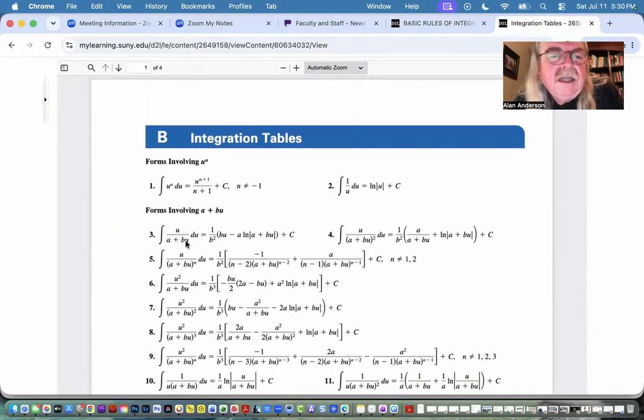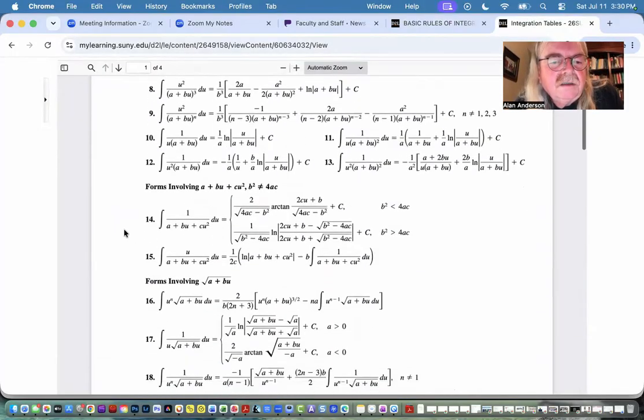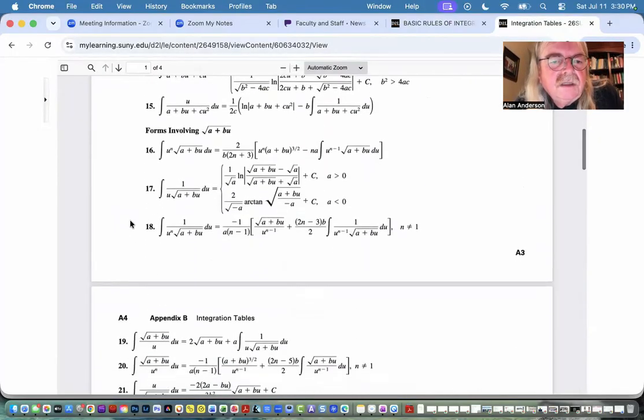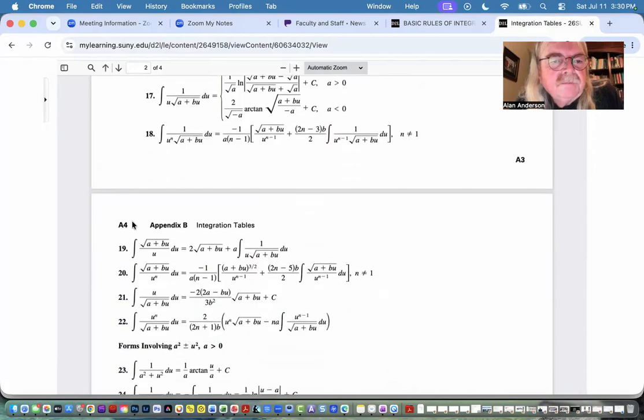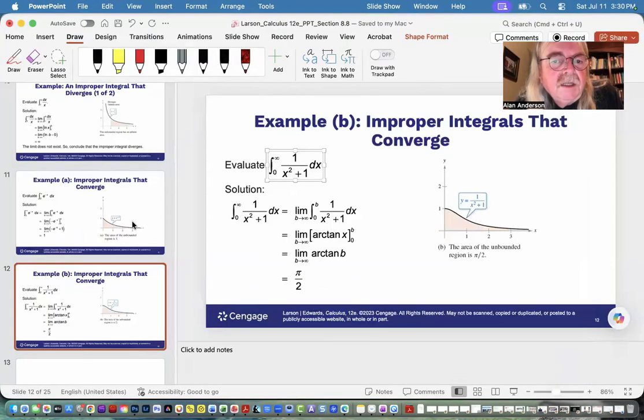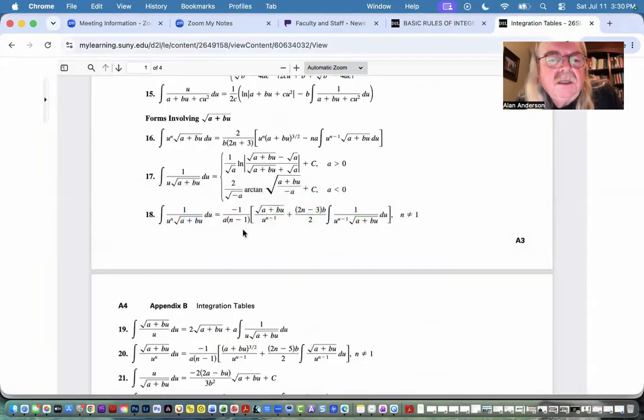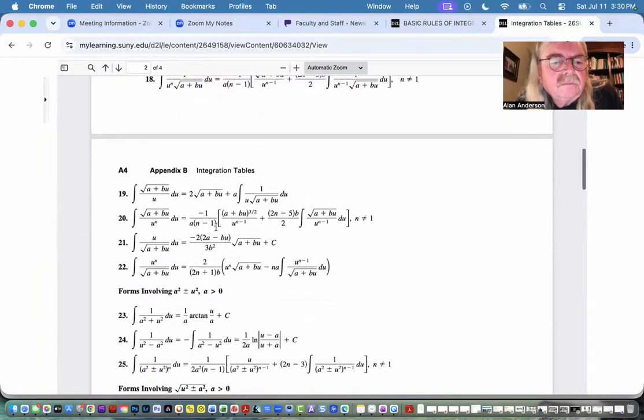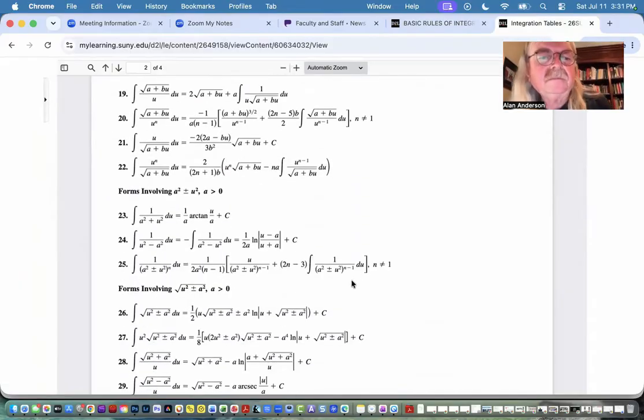Oh, I know it's here. Yes, of course it's an arc. So we're looking for 1 over u squared plus a squared. Oh, there it is, right there. Okay, number 23. So I guess it wasn't on the basic tables.